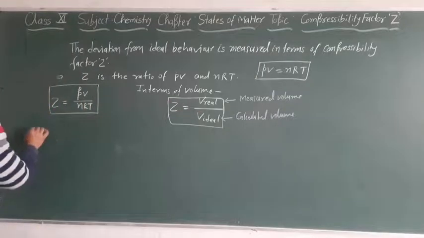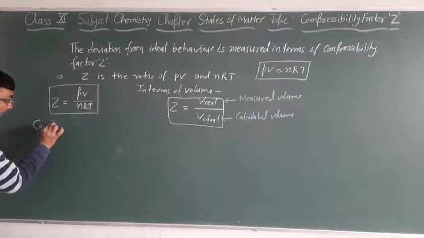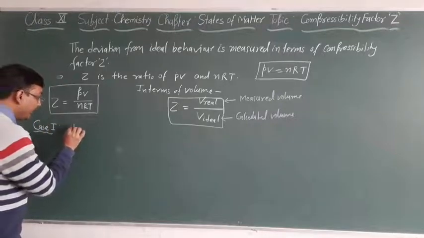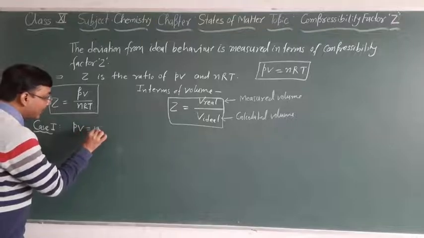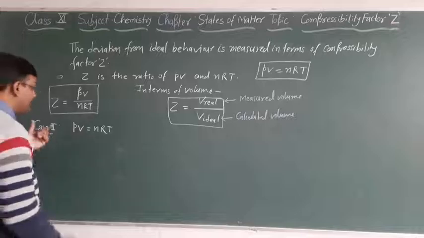Now what is the meaning of all those things? We can understand it this way. As we know, PV is equal to nRT. When PV is equal to nRT, what will be the value of Z?